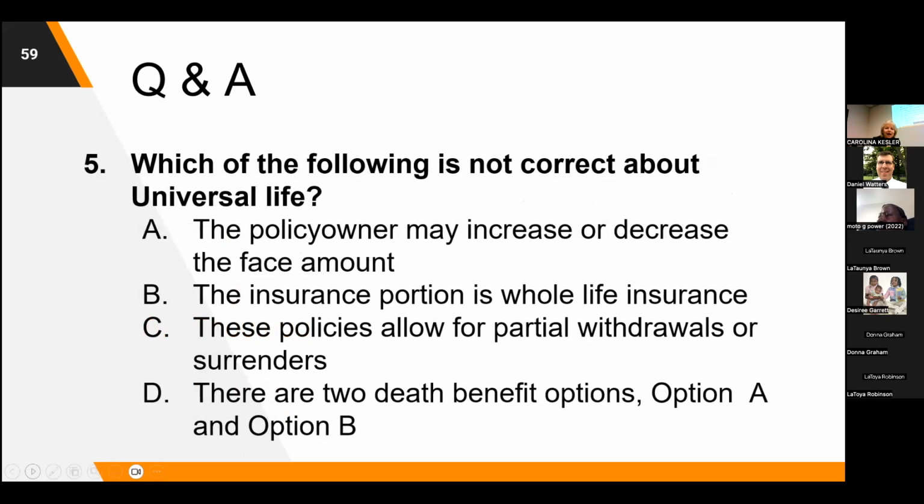Which of the following is not correct about universal life? That's what I thought.